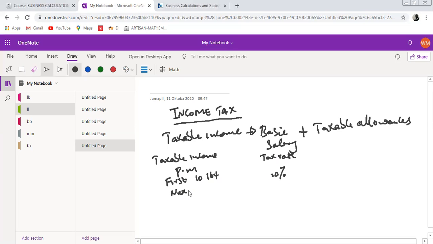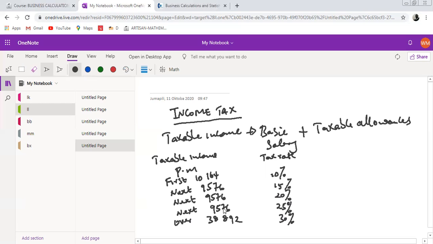Then we have the next 9,576 at 15%. The next 9,576 is taxed at 20%. The next 9,576 is taxed at 25%, and anything that is over 38,892 is taxed at 30%.